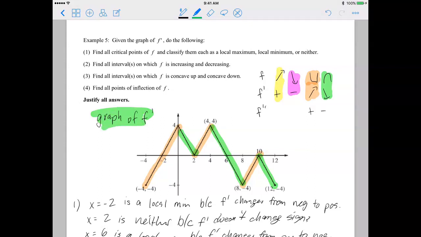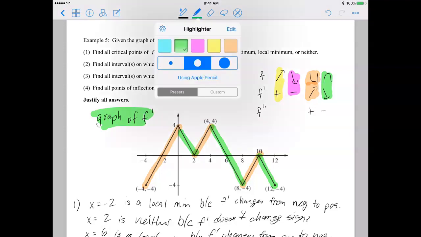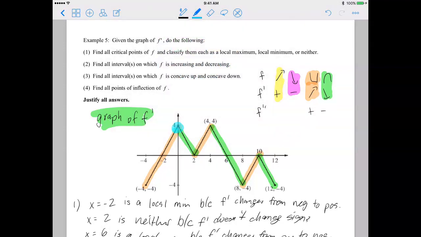So I'm going to need to try to figure out where is f prime going from increasing to decreasing, or vice versa. Okay, so that's going to happen right here at 4, or I'm sorry, at 0, because I want to do x values. So at 0, at 2, at 4, at 8, and also at 10.